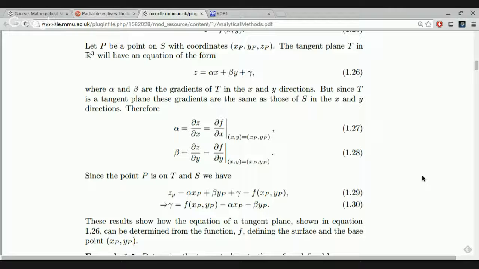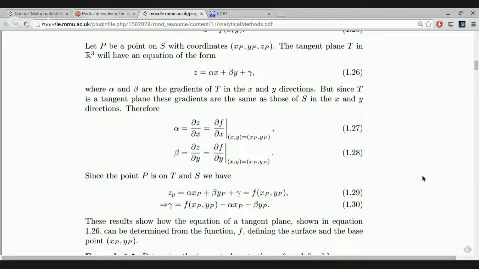Now, any plane, as it says in the notes, the plane T has an equation z equals alpha x plus beta y plus gamma. Okay, so any plane in 3 dimensions can be described by an equation of this form, and the thing on the right is just the general linear expression in x and y.